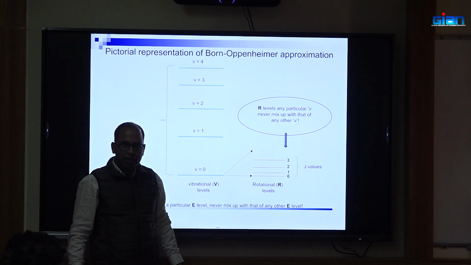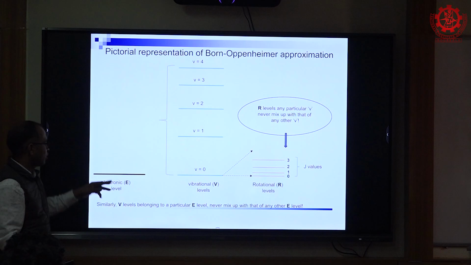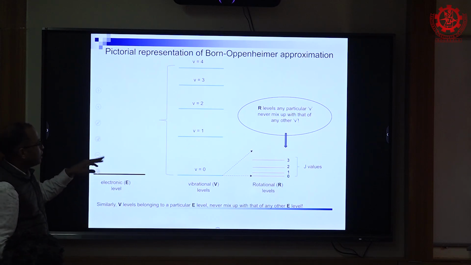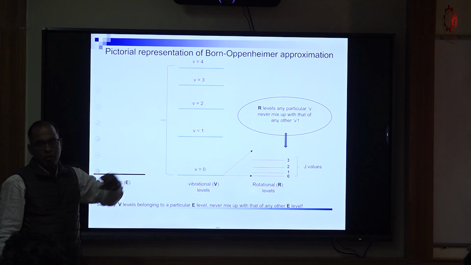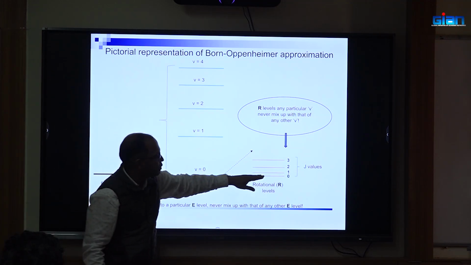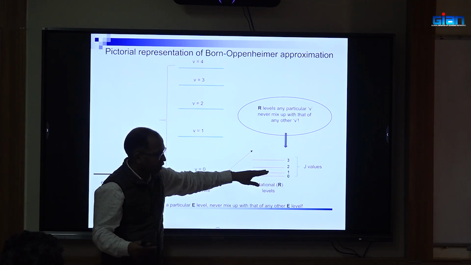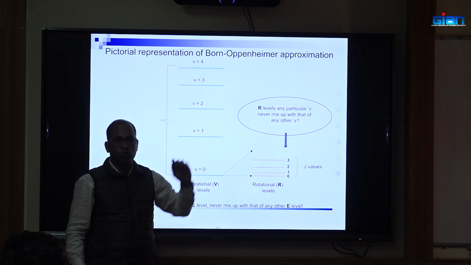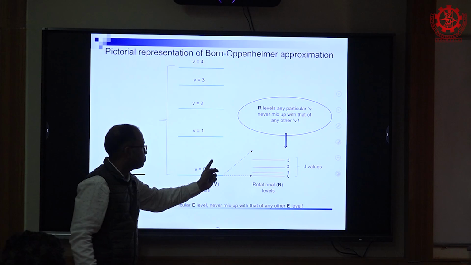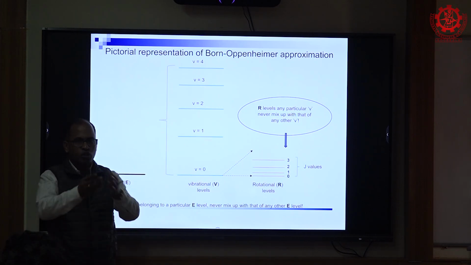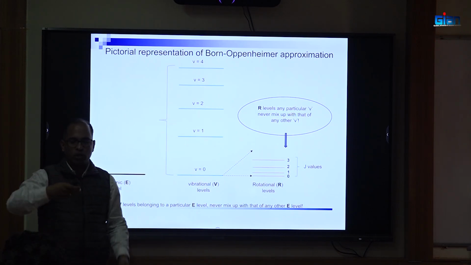So when there is a transition, the electronic energy can transit between several vibrational energies, and the vibrational can transit between several rotational ones. That is why, going from this spectrum to this one to this one, the peak gets broader and broader.